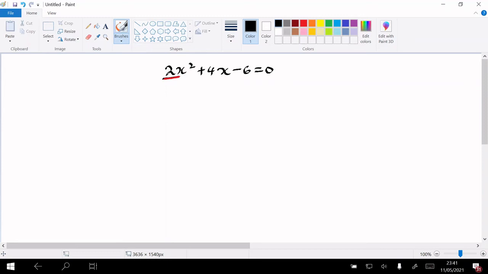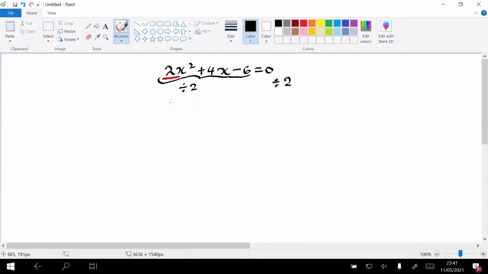So since 2 is multiplying x squared, to get rid of 2, we just have to divide by 2. Now here is the thing. You have to divide the whole side, not just x squared. So you have to divide this whole side by 2. What does that mean?